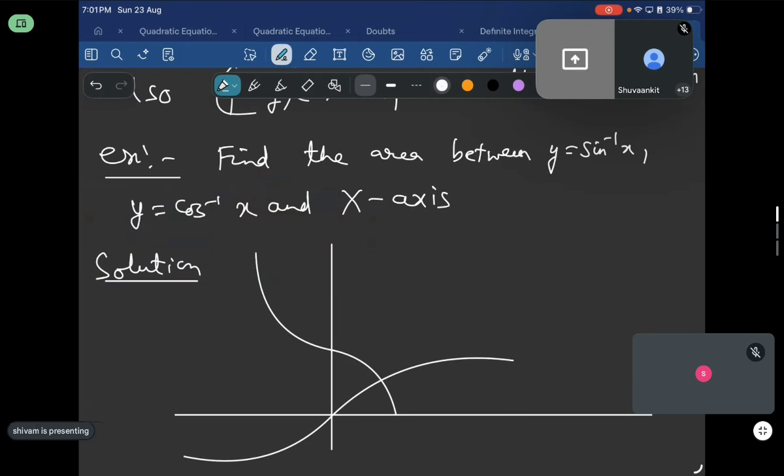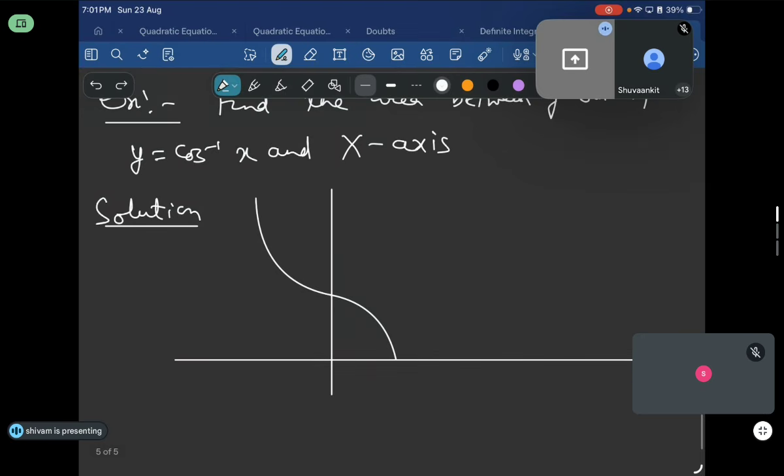Oh wait, not like this, that is tan inverse x. Sine inverse x I'm fine. Sine inverse x will be somewhat like this. You people got it?